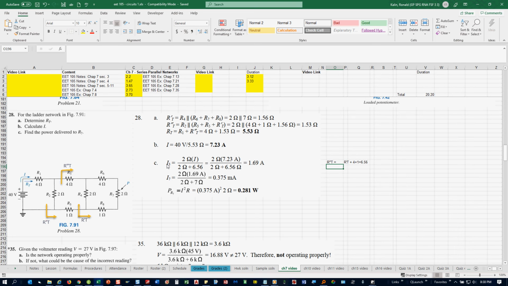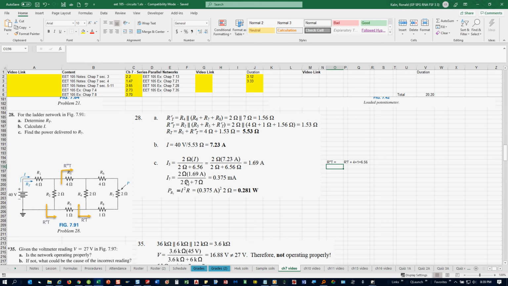So I3, using the current divider one time, is going to be R2 times the source current coming into this node. And the reason why we used R2 is because, remember, one of the current divider formulas is when you have two resistors in parallel, if you consider this network here one resistor, which again I'm going to call R triple prime t, we figured out that to be 6.56.